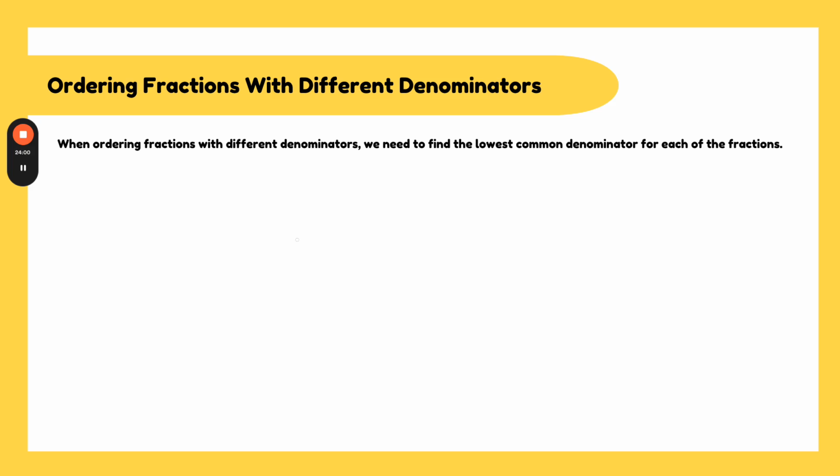This is where what we learned in the last session of finding lowest common denominators and equivalent fractions will come in. You will see why as we move on through the example. So we've got 3 fractions. We've got 3/4, 5/8, and a half, or 1/2.